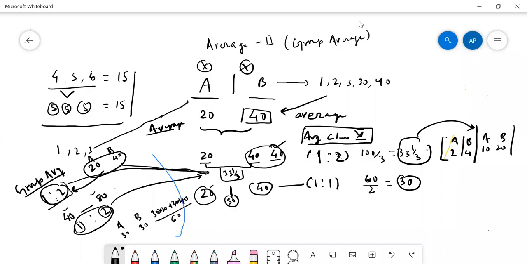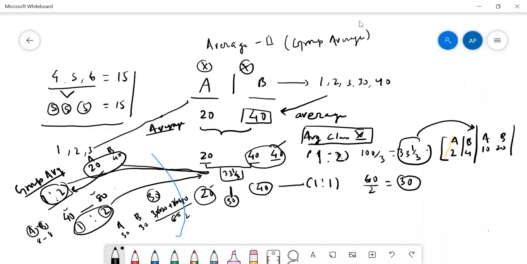Ultimately the 30 will get cancelled and it will be 2 here, so it will again be 30 as an average. So my point is, if the number of students is equal in groups A and B, like 8 students each, the average will always be 30.